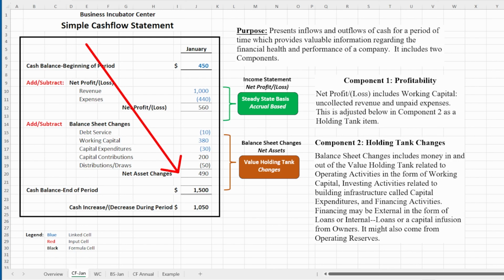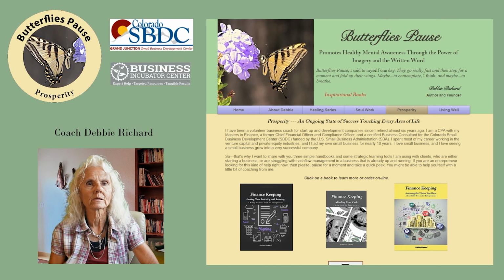And this all resulted in an ending cash balance in the bucket of $1,500. Cash increased during this period by $1,050. And this is how a cash flow statement works.